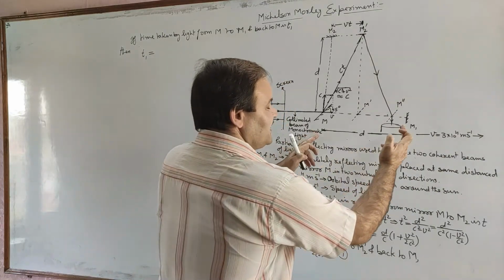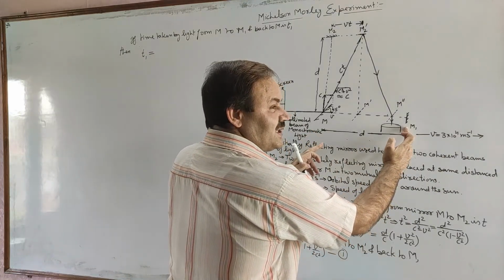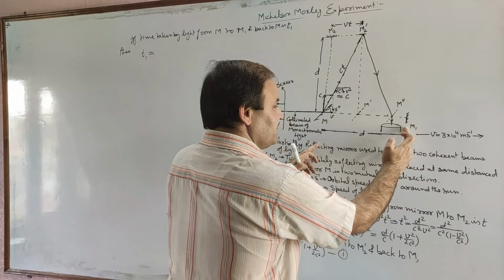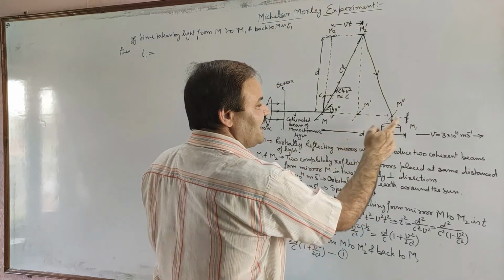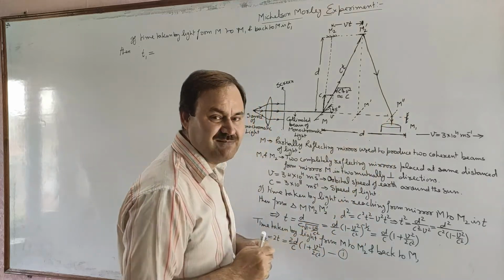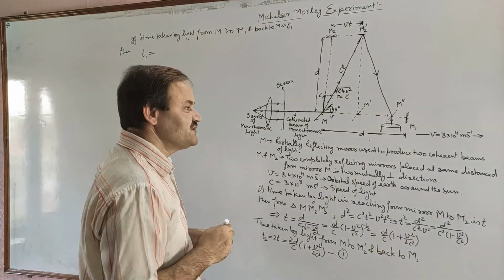So this time, to make mirror stationary, we will have to determine speed of light with respect to mirror M1, and that will be C minus V.